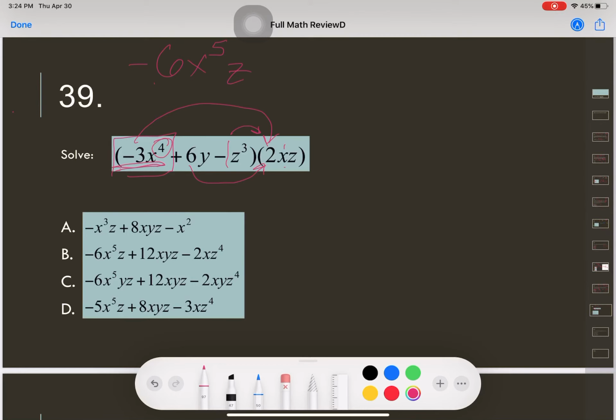Yep. x to the 4th times x to the 1st will be x to the 5th, and then z. Now I look down here, that one doesn't even have a close. That one's got a negative 6, that one's got a negative 6, that one has a negative 5. You can rule out that one. Now, it's negative 6 x to the 5th z. That one's got that additional y in there that you don't need, so your answer has to be B.